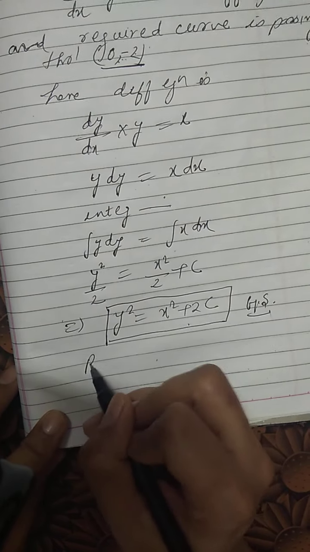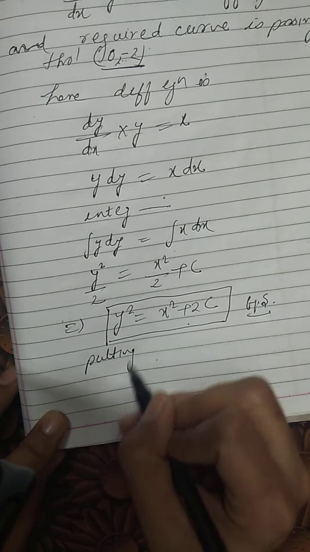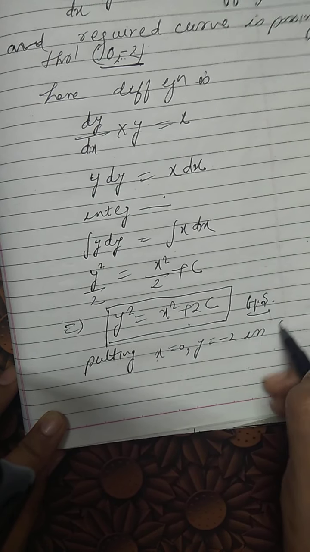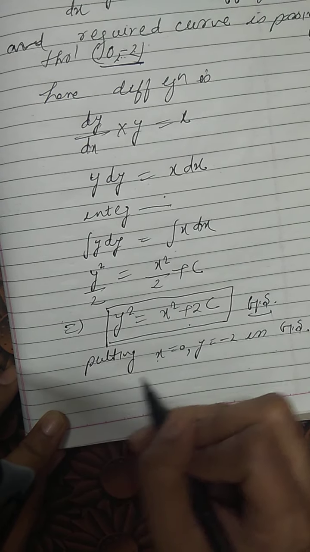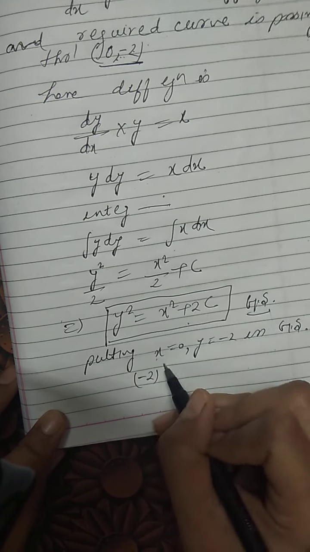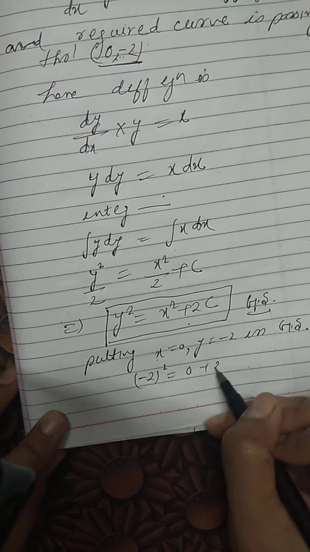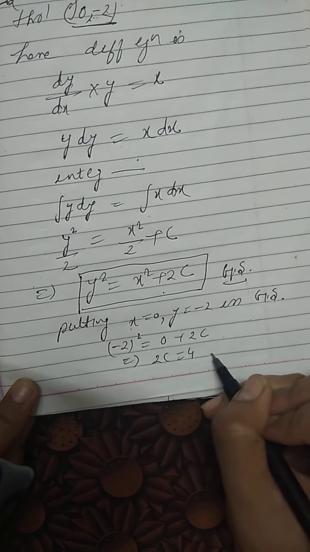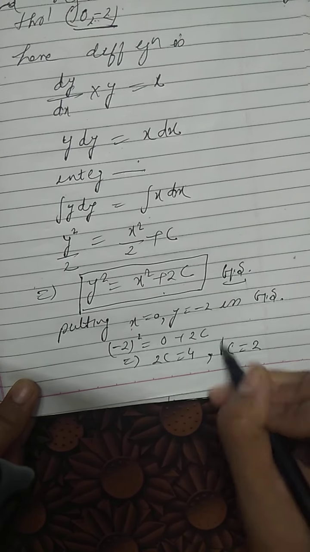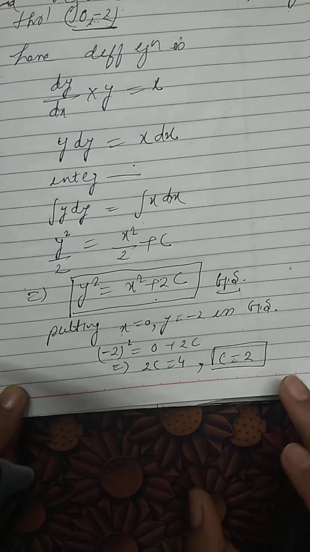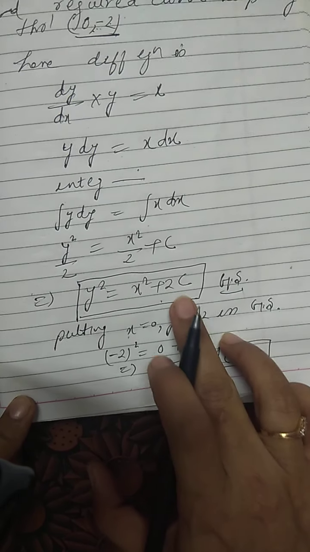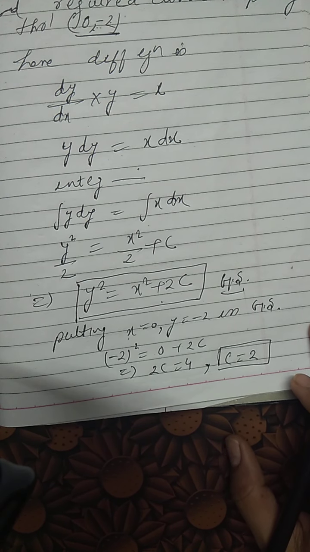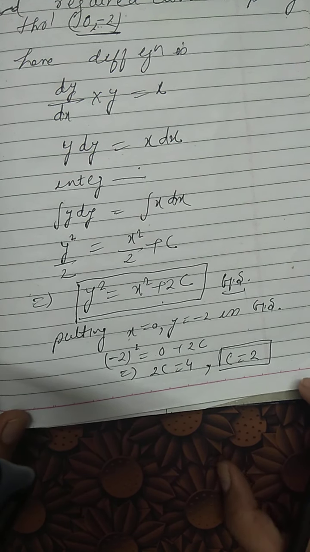So putting x equals 0, y equals -2 in the general solution, we get (-2) square equals 0 plus 2c, which implies 2c is 4, so the value of c will be 2. If I substitute this c here, we will get our required curve.